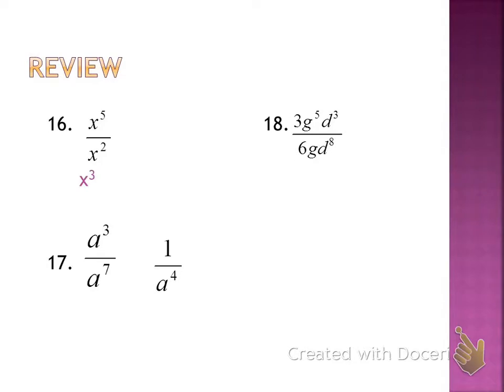Okay, and what about the 3 and the 6? Okay, good. So with our coefficients, we end up with 1/2. The g leftovers go on the top. So now since you have something in your numerator, you don't really need the 1. And then your d leftovers go in your denominator. So this is what we end up with.